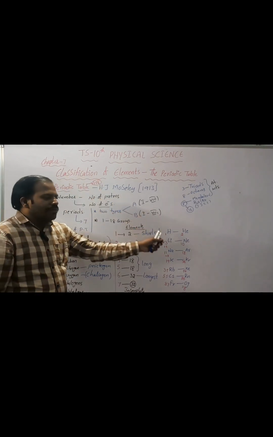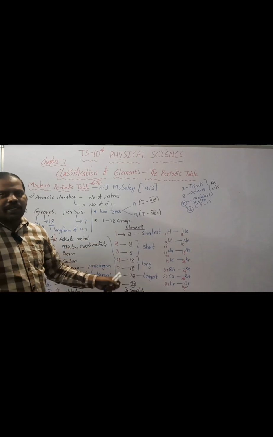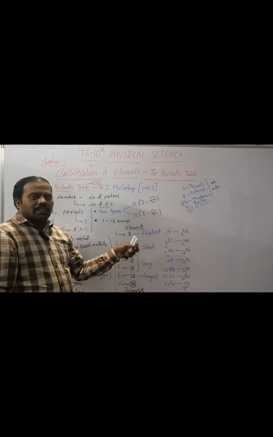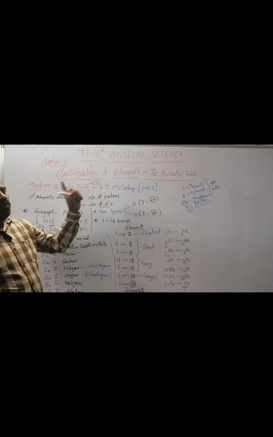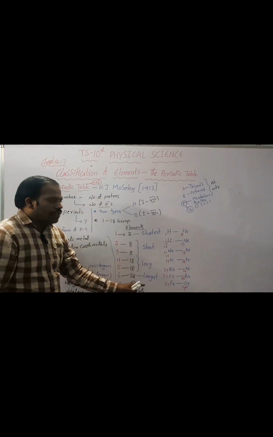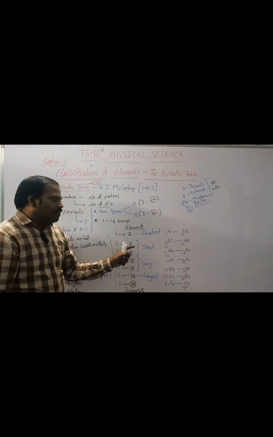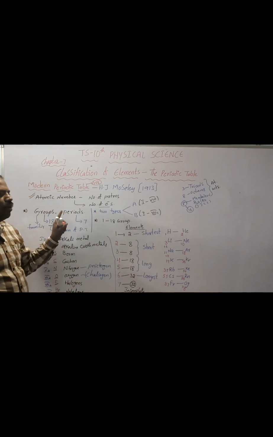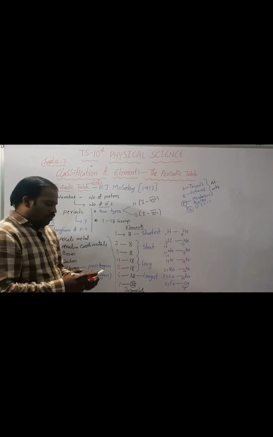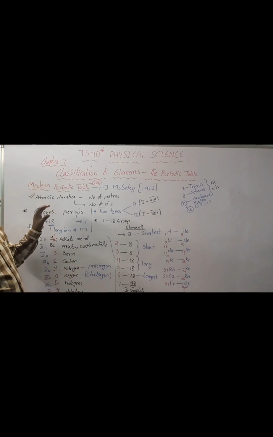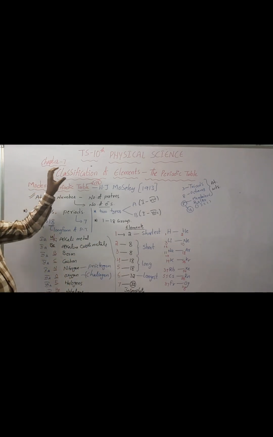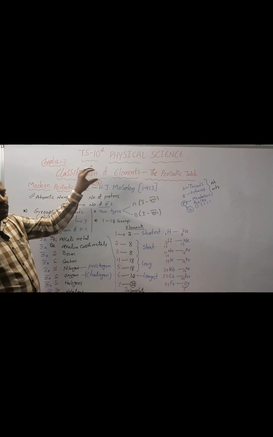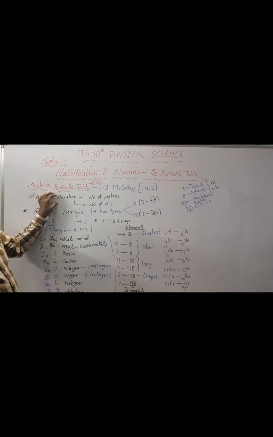The maximum number of elements were classified or arranged in the periodic table by H.J. Moseley. So this is the construction or explanation of the long form of the periodic table. Once again, the modern periodic table was given by H.J. Moseley. He took the property of atomic number.